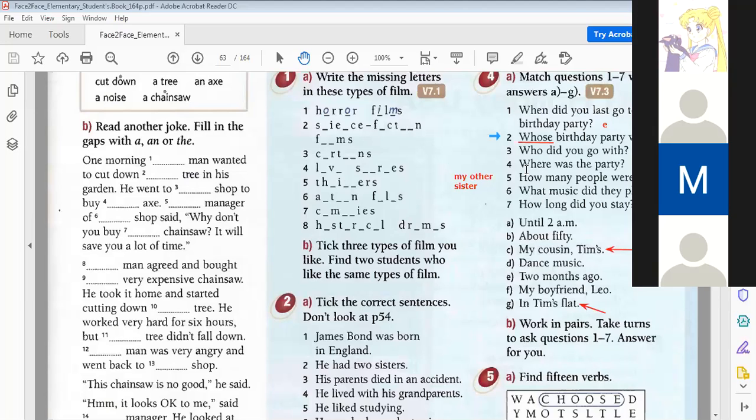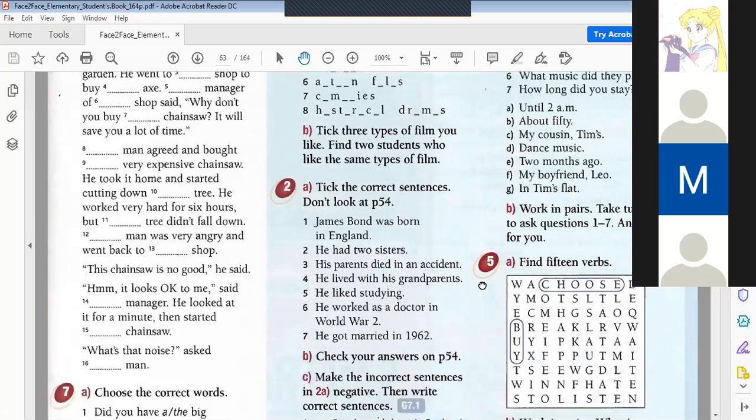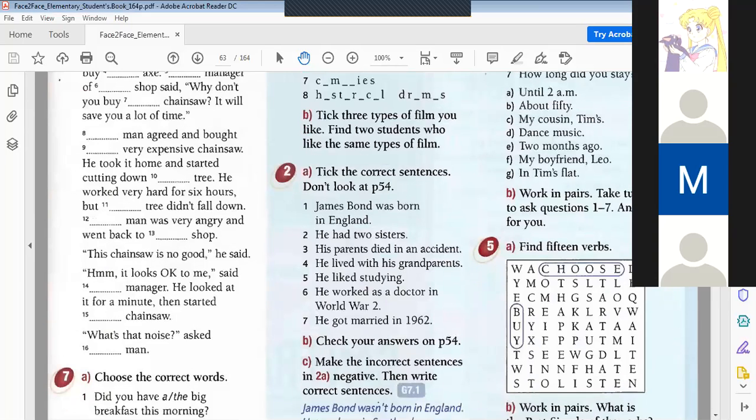Okay, very good. So now let's do number 5. And here in exercise number 5. Okay, sorry, just a second. Okay, so here in number 5.